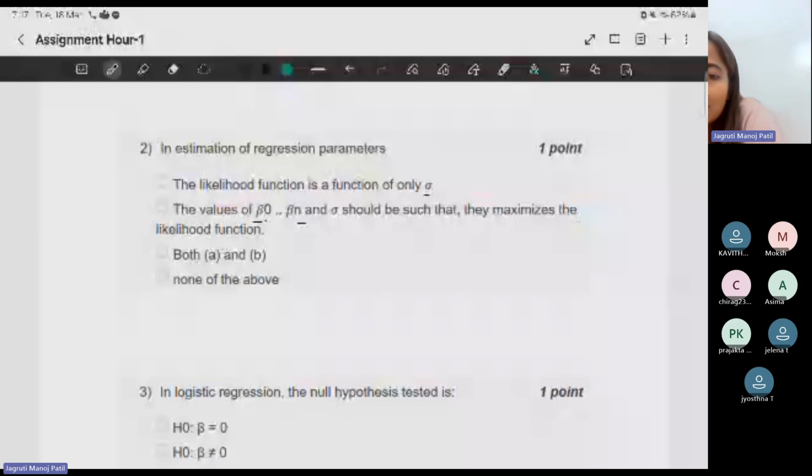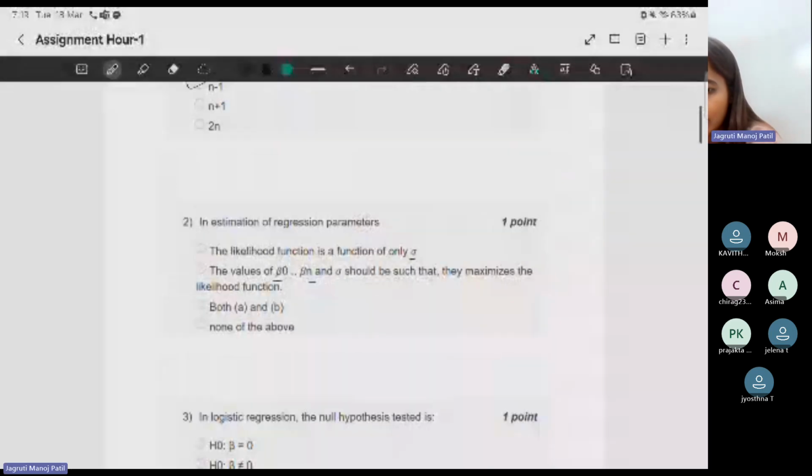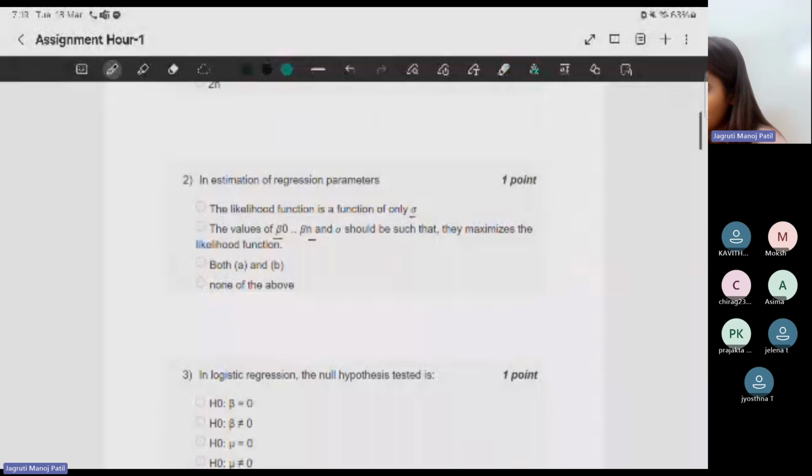Yeah, so for the second question, in the estimation of regression parameter, which of the following would be correct? Screen is visible now. Yes, there we go.